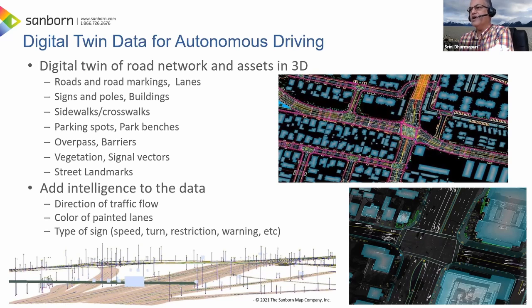So basically including signs, poles, buildings, sidewalks, crosswalks, overpasses, barriers, and vegetation, every piece of information you see when driving on the road will be captured as part of the HD maps. And so it adds intelligence to the data. It provides information on the direction of traffic flow, and also the type of sign, whether it is a speed sign, turn or restriction, warning, etc. So the digital twin will have a very important use case in autonomous driving.